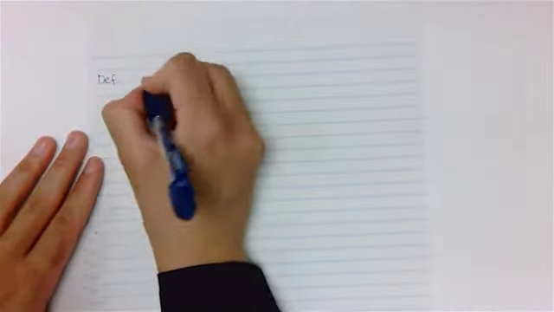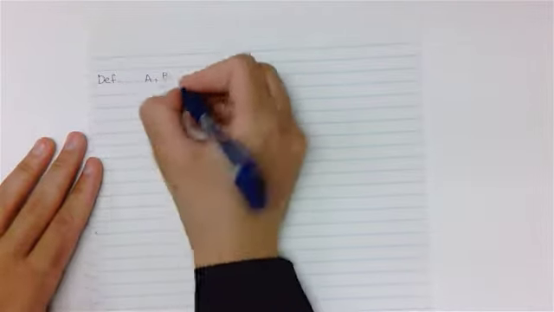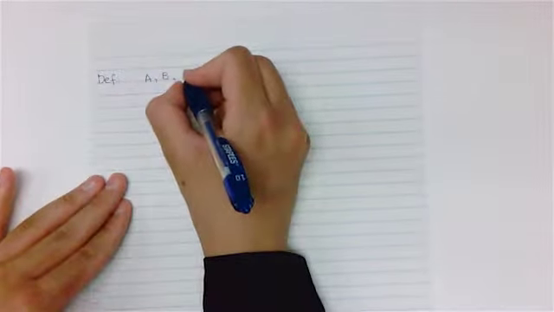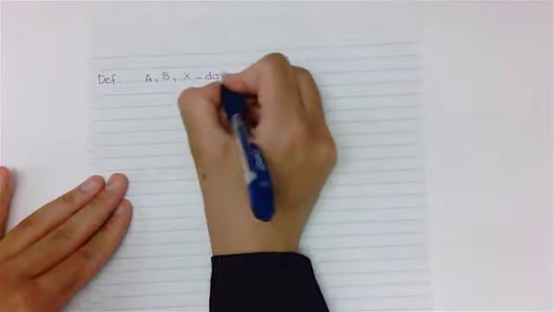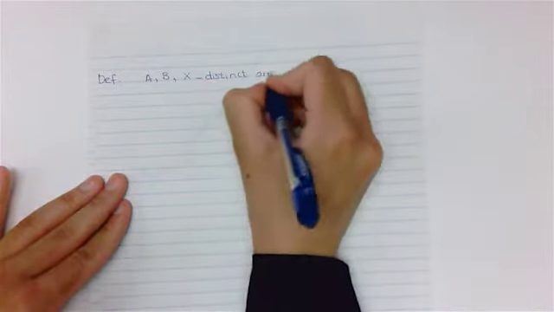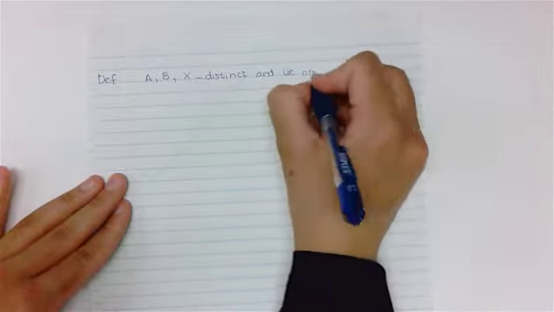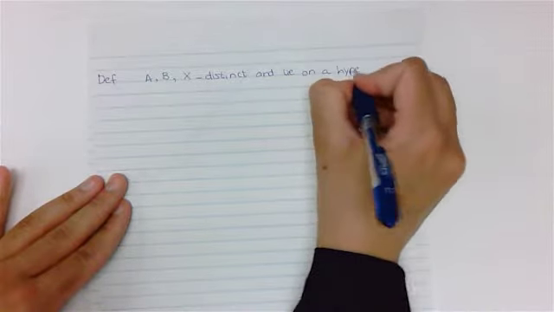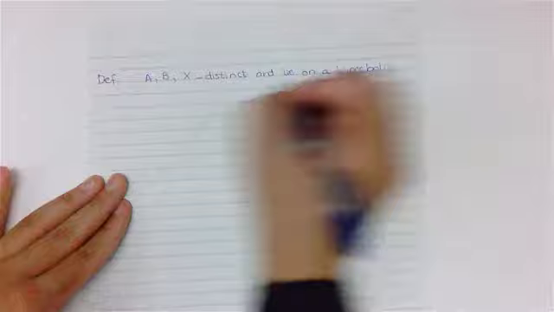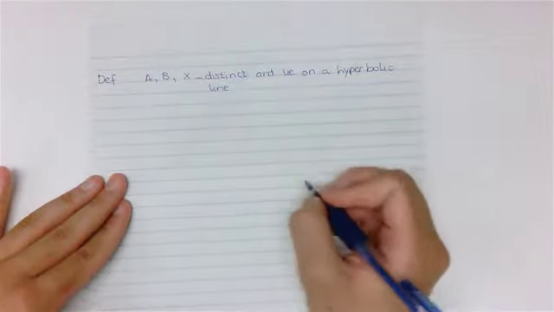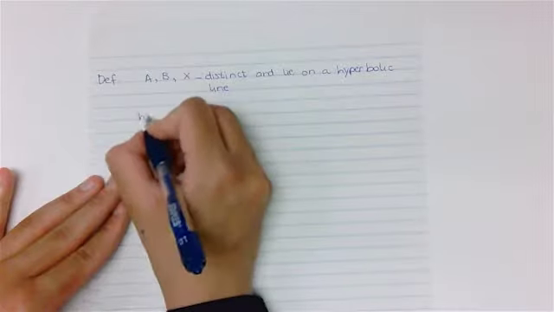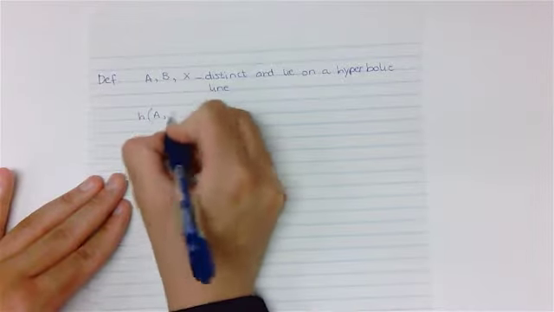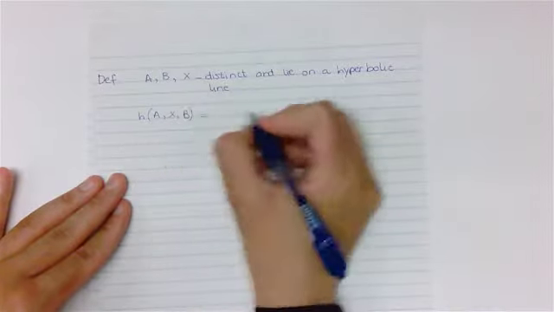So, we have points A, B, and X that are distinct and lie on a hyperbolic line. And their hyperbolic ratio is given by the following.